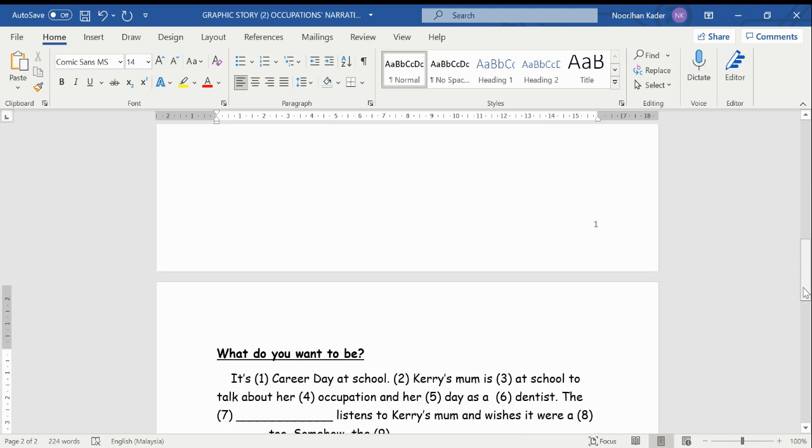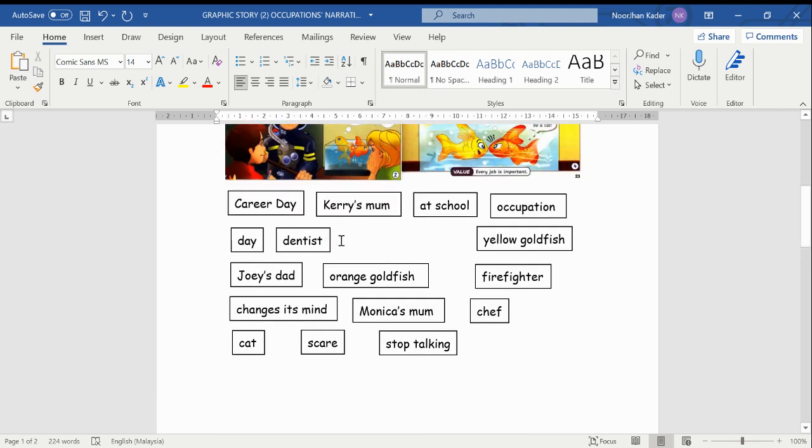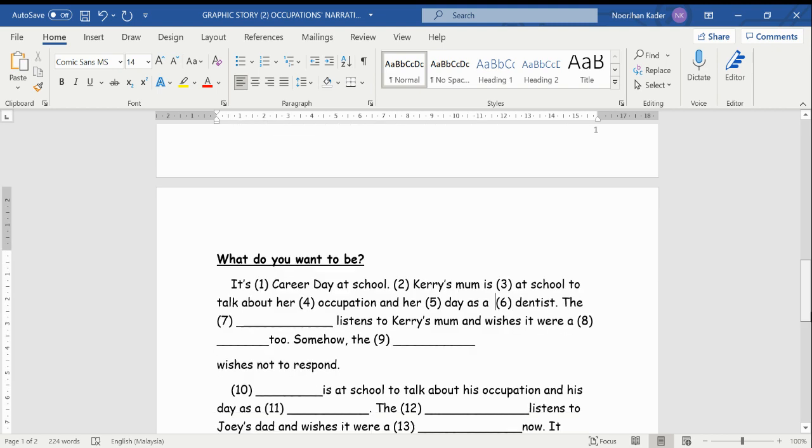Then let's see the words again. So we have done until here. So this one onwards, we have to see how to use them and how to fill in which blank. Okay. Then number 7, the dash listens to Carrie's mom and wishes it were a dash too.